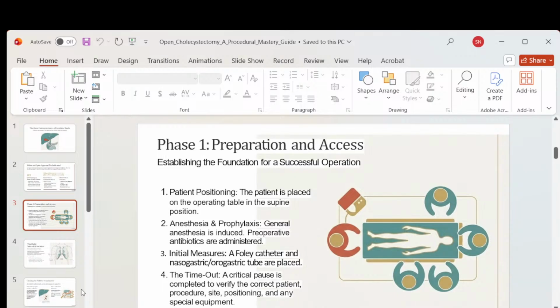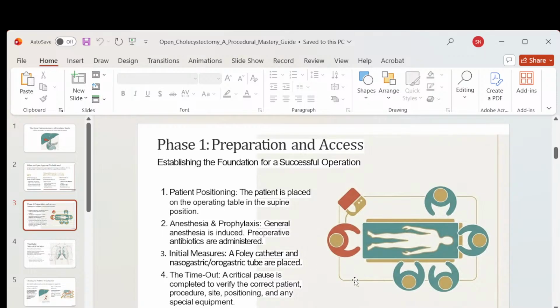Patient positioning: the patient is placed on the operating table in supine position. Anesthesia and prophylaxis: general anesthesia is induced and preoperative antibiotics are administered. Initial measures: a Foley's catheter and nasogastric and orogastric tubes are placed, as everyone knows.